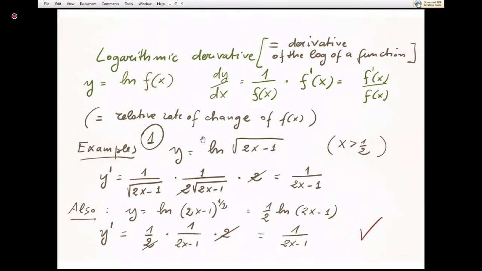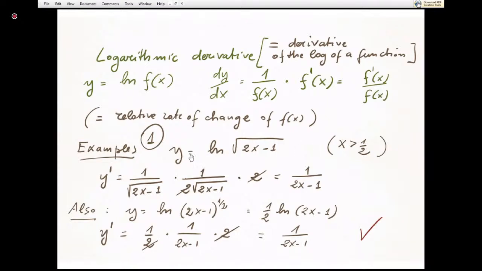If I have y equal to the log of the square root of 2x minus 1, of course, provided that x is larger than 1/2, because otherwise you cannot compute the square root. And if in particular x is equal to 1/2, then we have 0 here, but the log of 0 doesn't exist. So the domain is values of x strictly larger than 1/2.